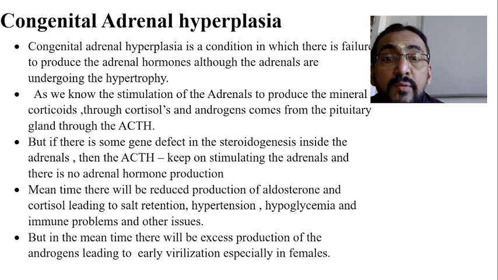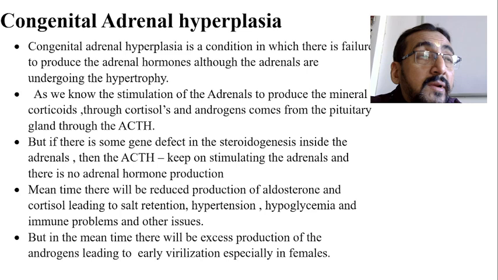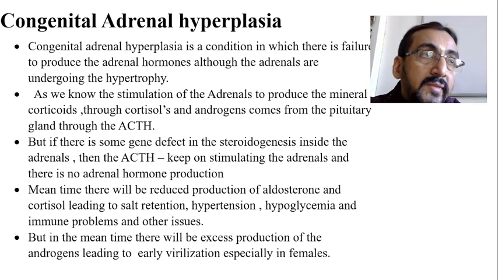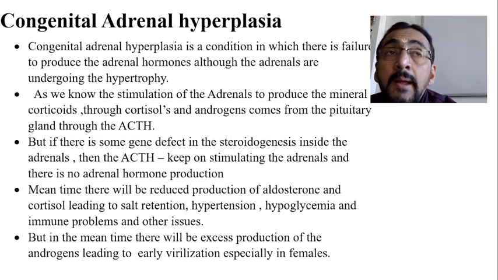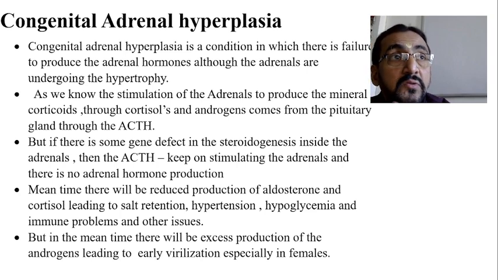And what happens? Because of this, the adrenal gland is not able to produce the required three important hormones. When this happens, there is reduced production of the three hormones: mineralocorticoids, cortisol, as well as androgens.